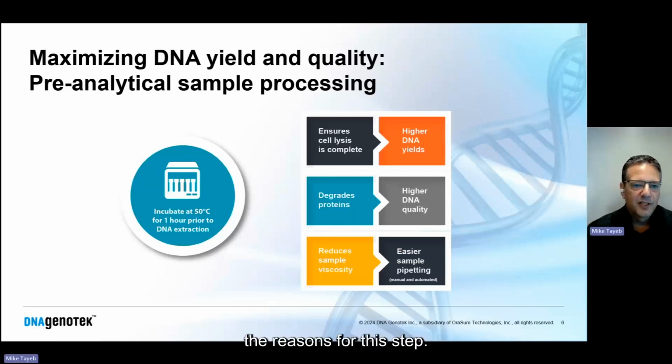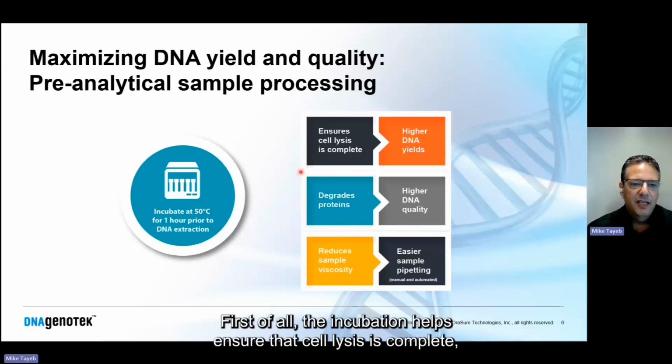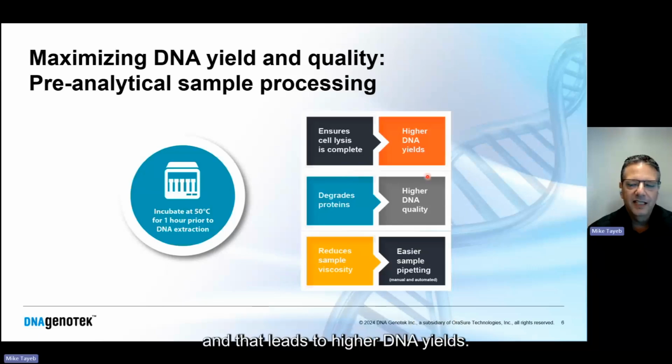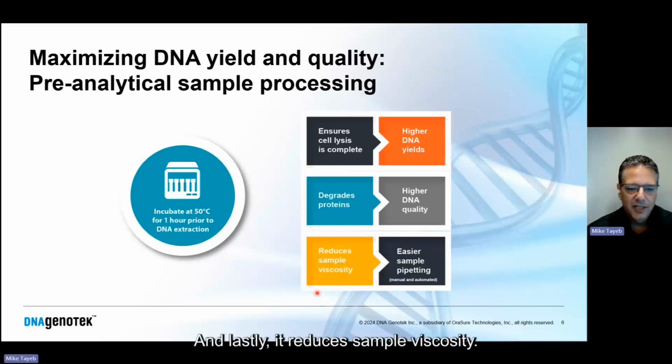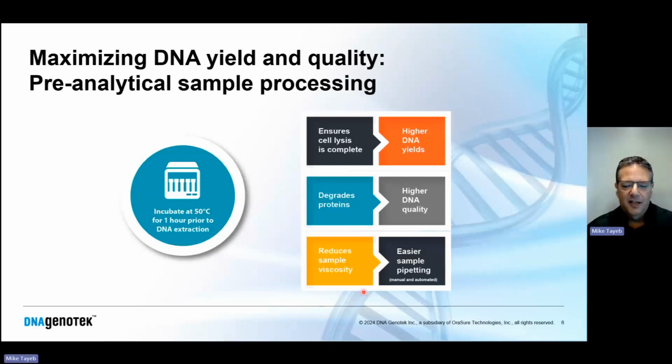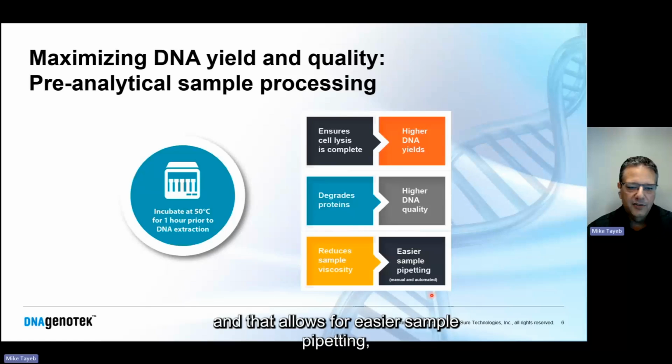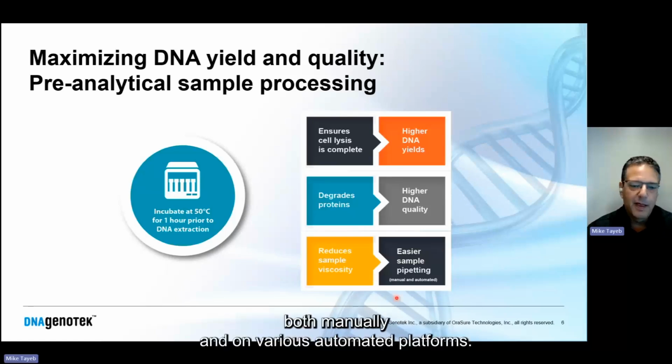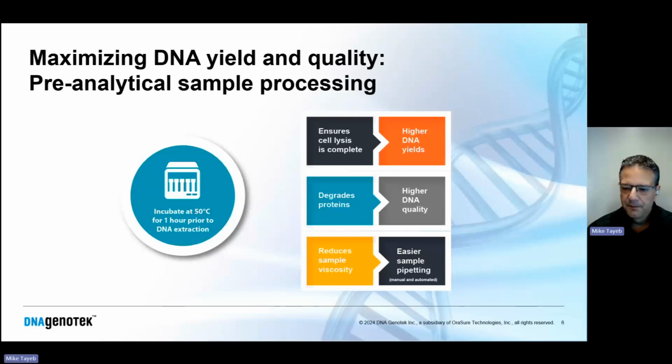The reasons for this step: first of all, the incubation helps ensure that cell lysis is complete, and that leads to higher DNA yields. Second, it degrades proteins, which helps increase DNA quality. And lastly, it reduces sample viscosity, and that allows for easier sample pipetting, both manually and on various automated platforms.